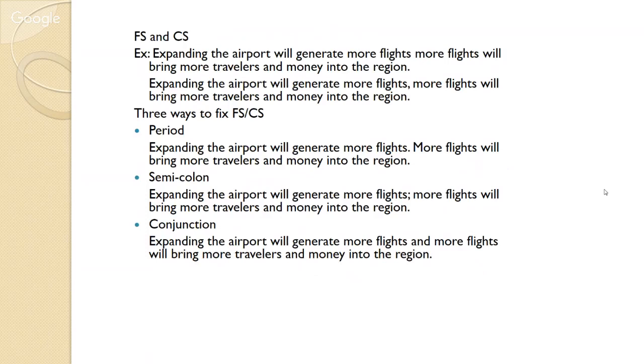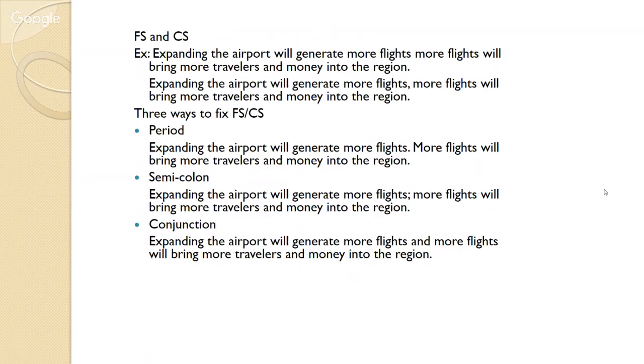So there are three ways to fix fused sentences. You can separate the clauses with a period. Expanding the airport will generate more flights. More flights will bring more travelers and money into the region. That would work. A better way would be to use the semicolon, because that creates a sense of balance to the sentence.